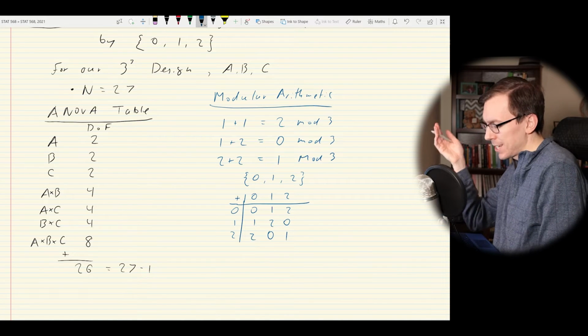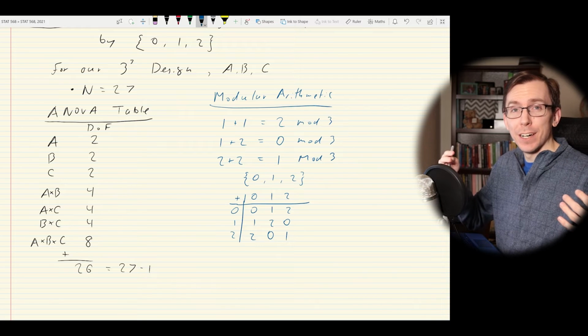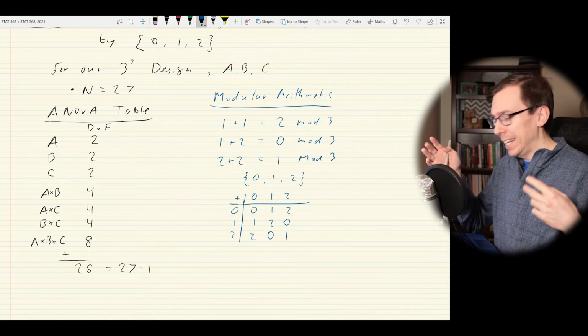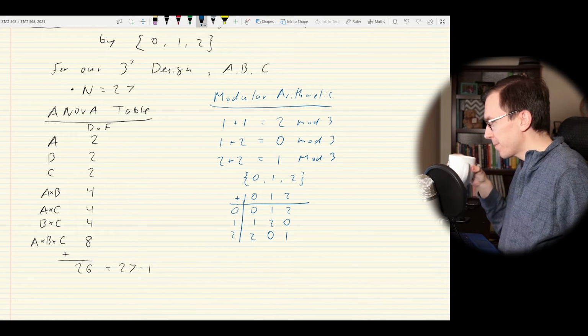So I'd get a table that looks something like that if I were to do all the different possible combinations of summing two terms in my finite field on 3 elements.